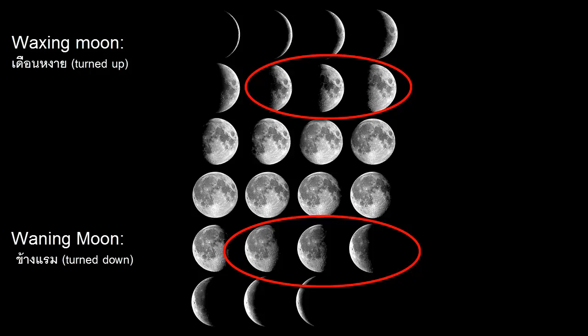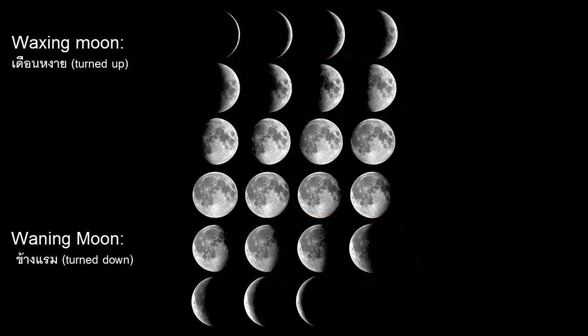It's going the other way, and we can see that the shadow in the waxing phase seems to have an outdent, but the shadow in the waning phase seems to have an indent. So this really suggests to me that we are looking at something that is concave, and it's the shadows that we see are the shadows created by its edge as it turns one way and then the other.